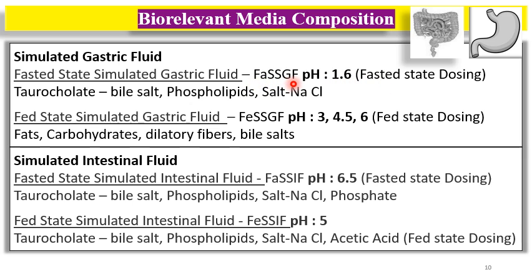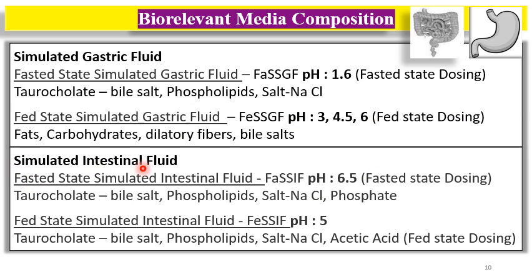So FASSGF contains taurocholate, which is a bile salt, phospholipid and sodium salt, that is NaCl, to mimic the fasted state dosing. Then similarly, fed state gastric fluid contains fats, carbohydrates, dietary fibers, bile salts to mimic the fed state condition of the GI, mainly the stomach.